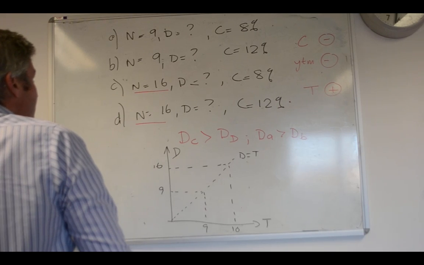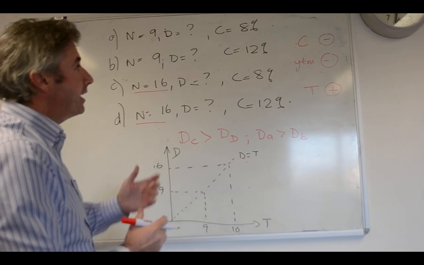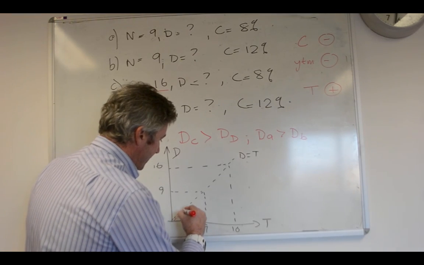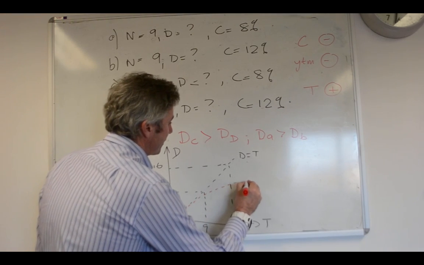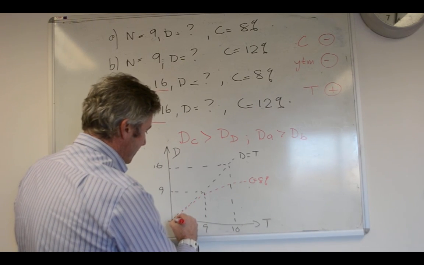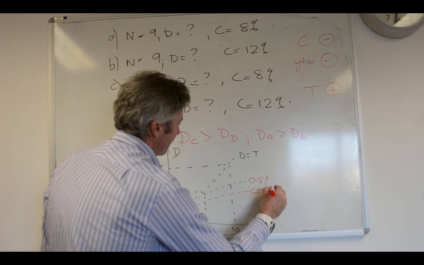If we then consider a bond that paid a coupon of 8%, then, if I recall from the lecture slides, it would look something like this. So coupon equals 8%, and then coupon equals 12%.